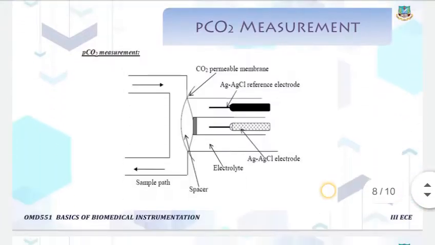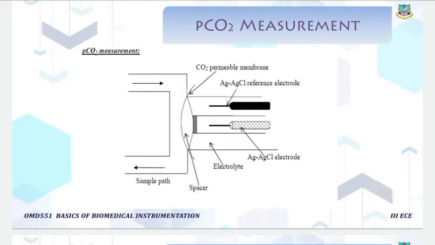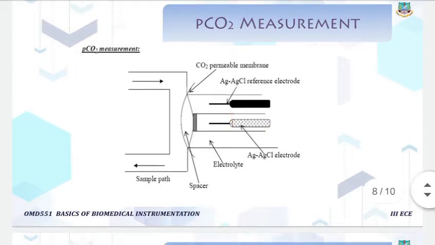Next one, PCO2 measurement. Here also, a silver or silver chloride reference electrode and a glass pH electrode are used. This is the glass pH electrode.